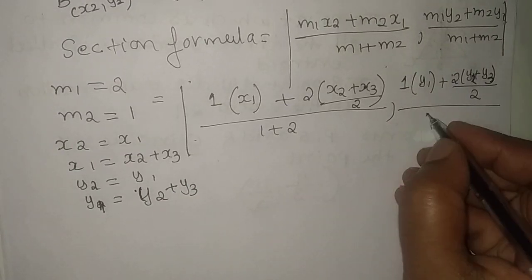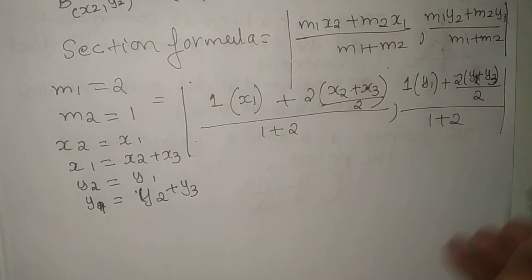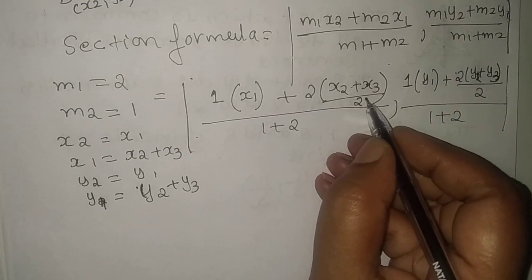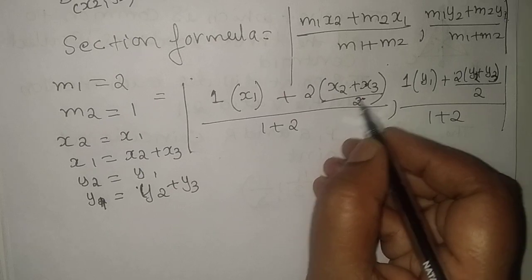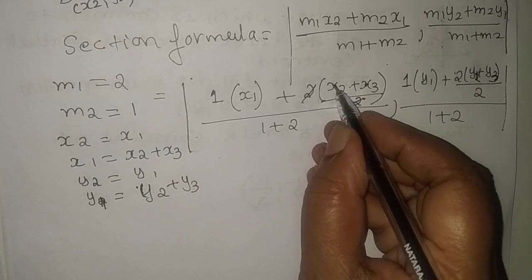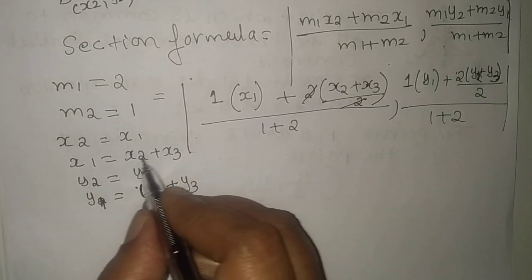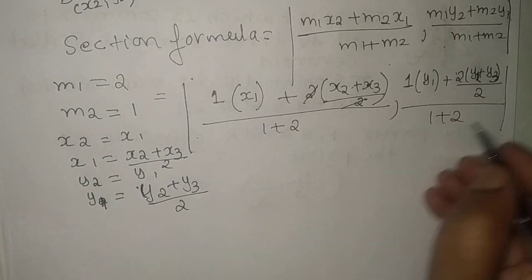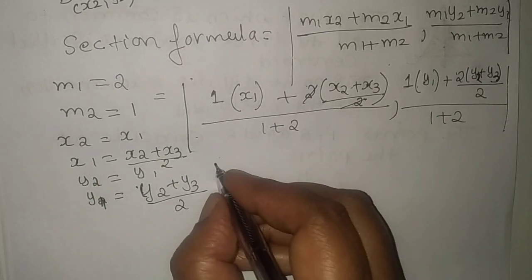Substitute here, 1 plus 2, then 2 cancels, then divide by 2, then cancel this.